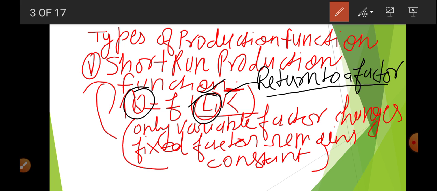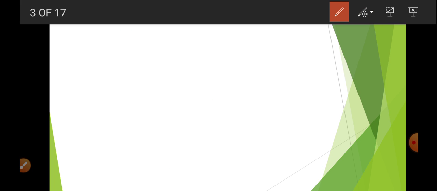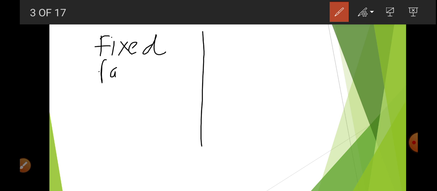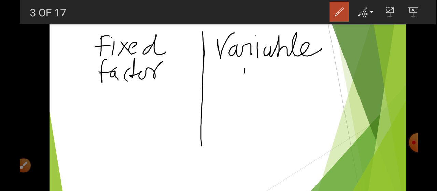One more thing I think needs to be explained: what is a fixed factor and what is a variable factor.